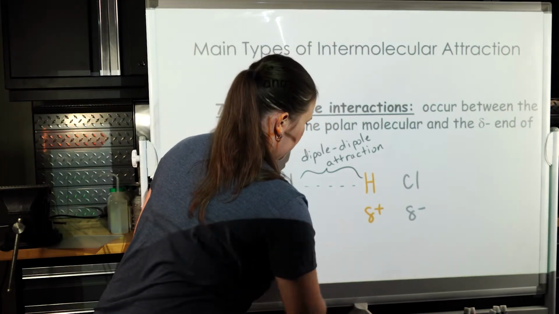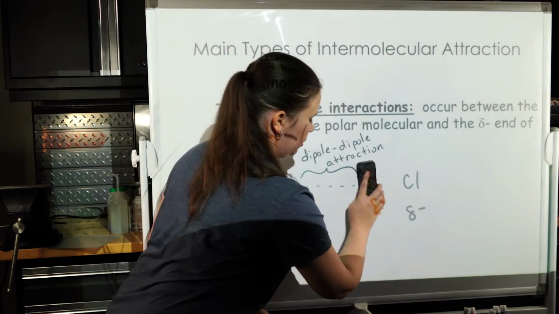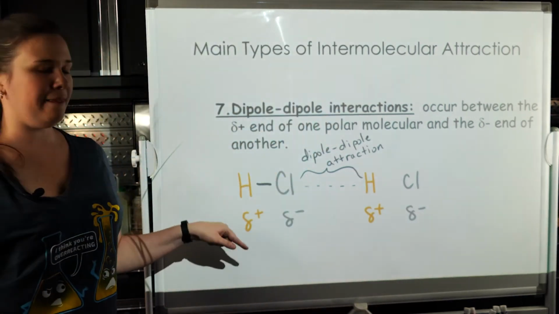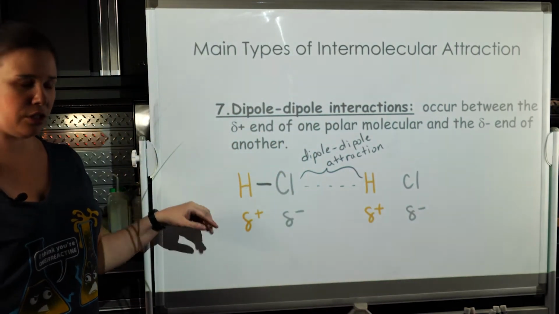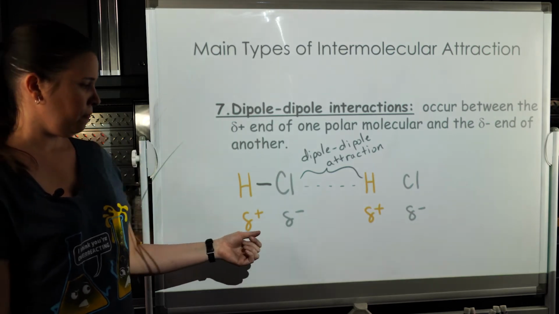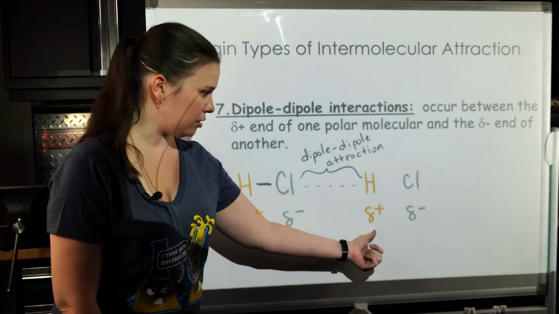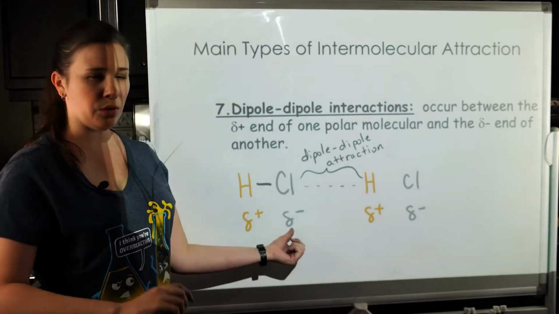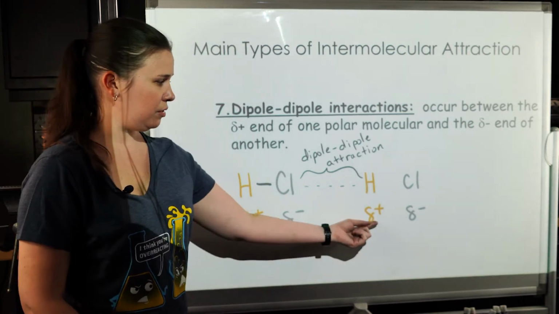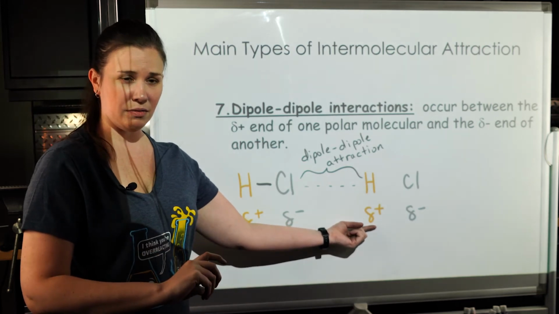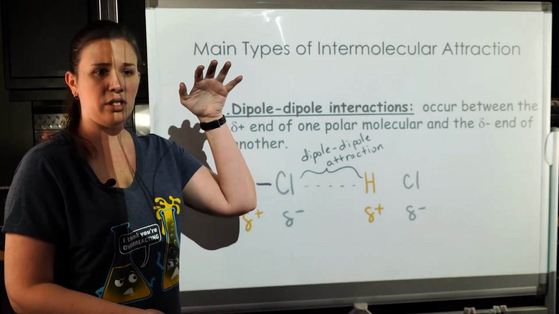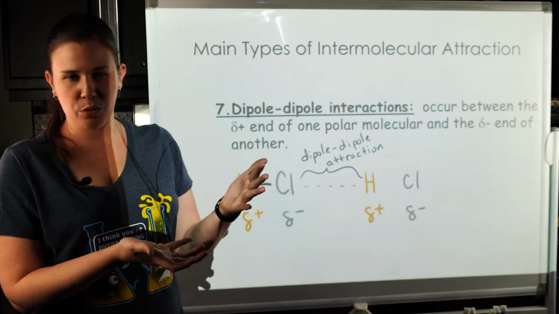That's our dipole-dipole interaction. Now, what could make this version of an attraction even stronger? It's all about the opposites attract, right? The negative attracting the positive. So if this were more electronegative and this was less electronegative, that would increase the attraction between the 2.